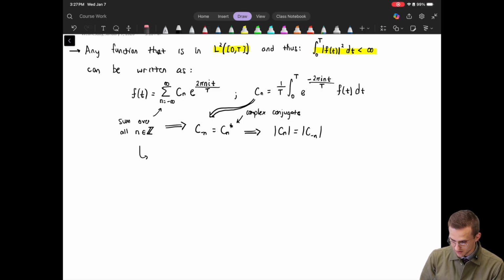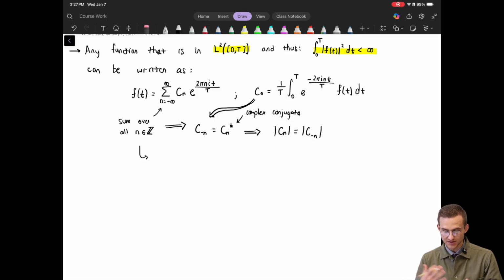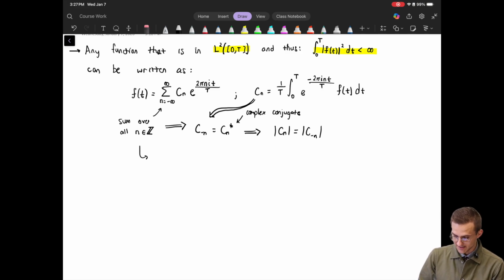And you can also break up Cn in a specific way that allows you to write everything in terms of sines and cosines, because remember, a complex exponential via Euler's formula can be written as sines and cosines.